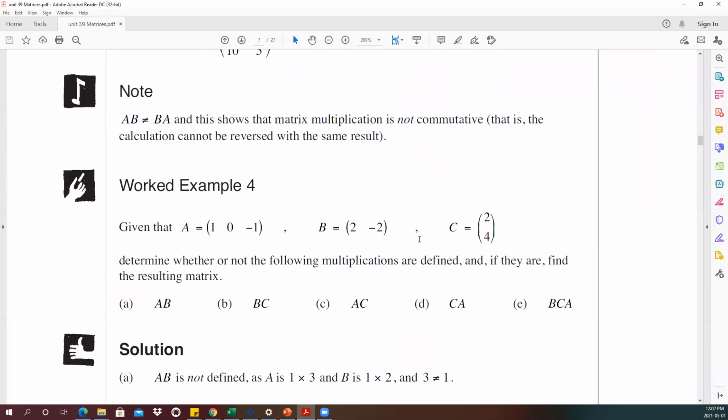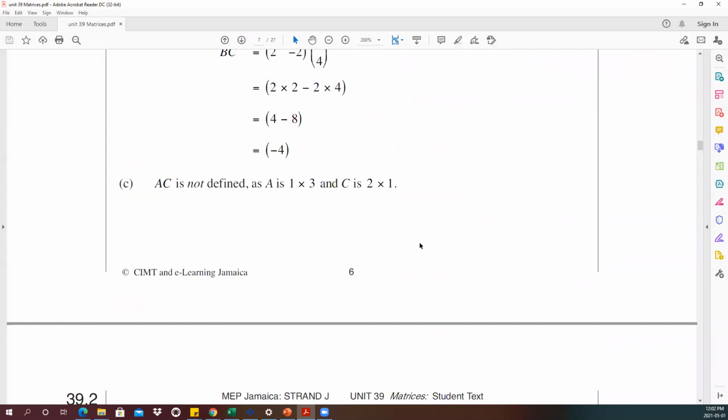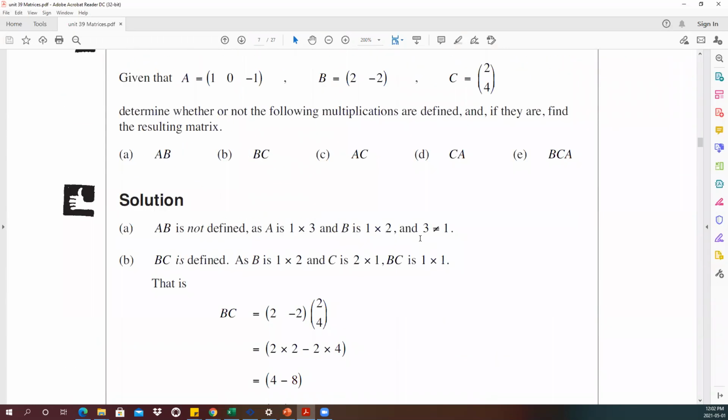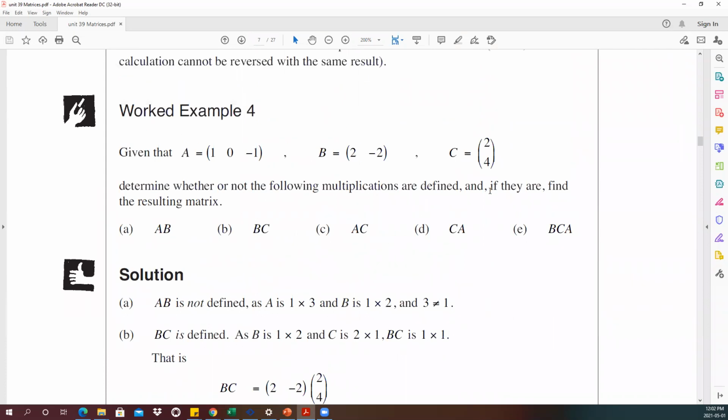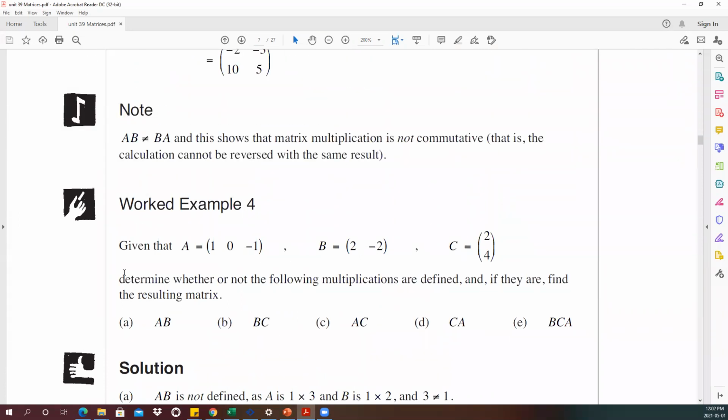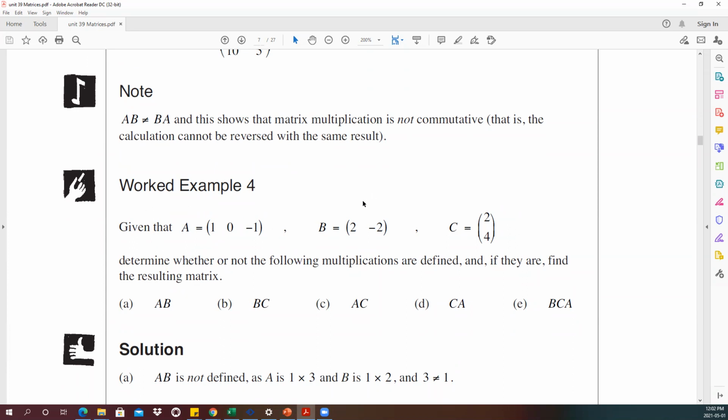I think what we did, oh, so this was just the solutions to here where it says, given these matrices, determine whether or not the following multiplications are defined, and if they are, find the resulting matrix. So as I say again, it's just testing that the number of columns in the first matrix is equal to the number of rows in the second one. Once that is true, then it's defined, and you can go right ahead.